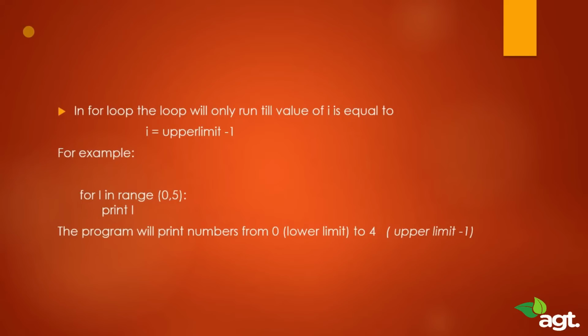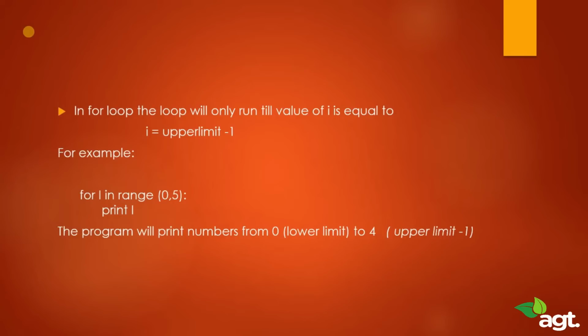What this does is that i's value is going to start from 0 and it will keep on incrementing until it reaches 4, not 5, till 4. So what we're going to get in the output screen is 0, 1, 2, 3, 4.